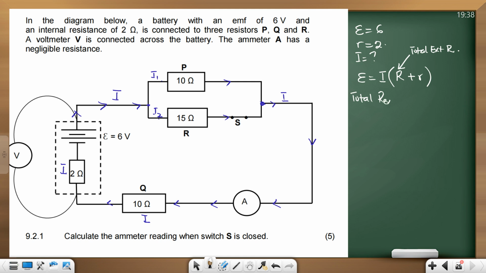Total R external. You have, don't forget there are 3 of them, so you need to know what to do. Throw in your answers for me once you are done.